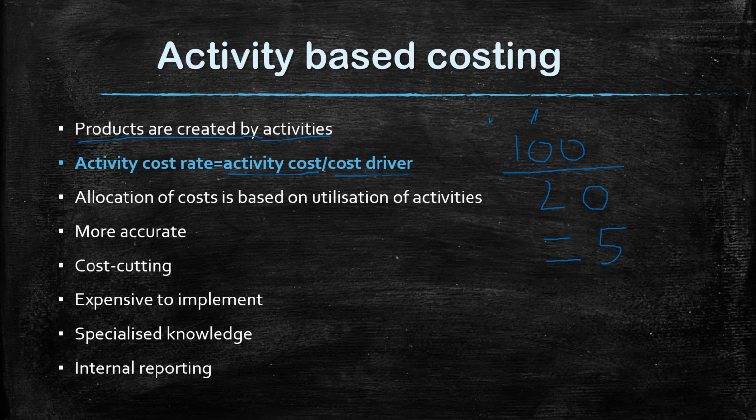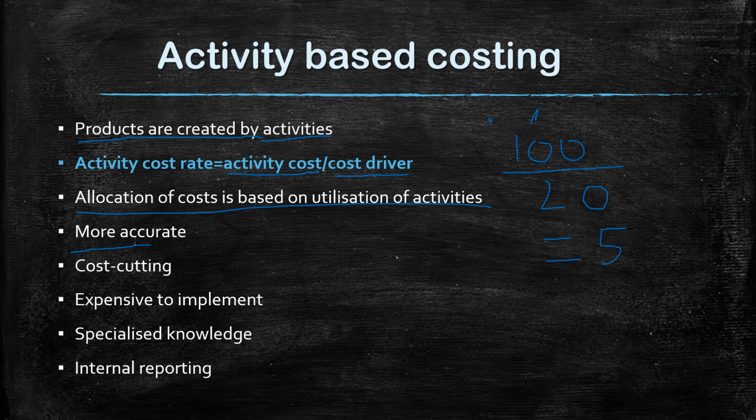So in activity-based costing, allocation of cost is based on utilization of activities. Like I said, these are the cost drivers. So we're going to create separate cost pools and calculate separate cost drivers for different activities. Now we're going to look at how to set up an ABC system in the next video. Right now I just want to give you the theory part of it all.